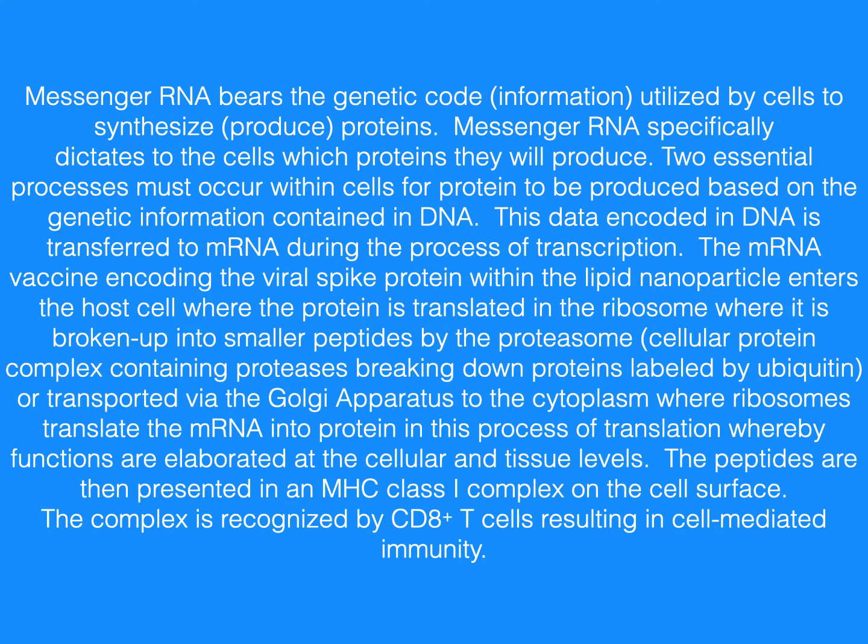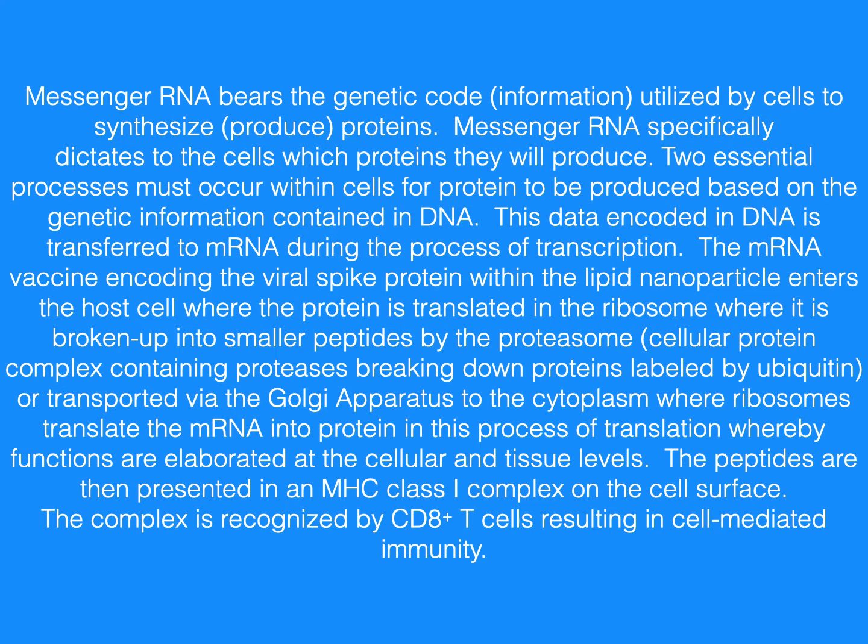Two essential processes must occur within cells for a protein to be produced based on the genetic information contained in DNA. This data encoded in DNA is transferred to mRNA during the process of transcription.